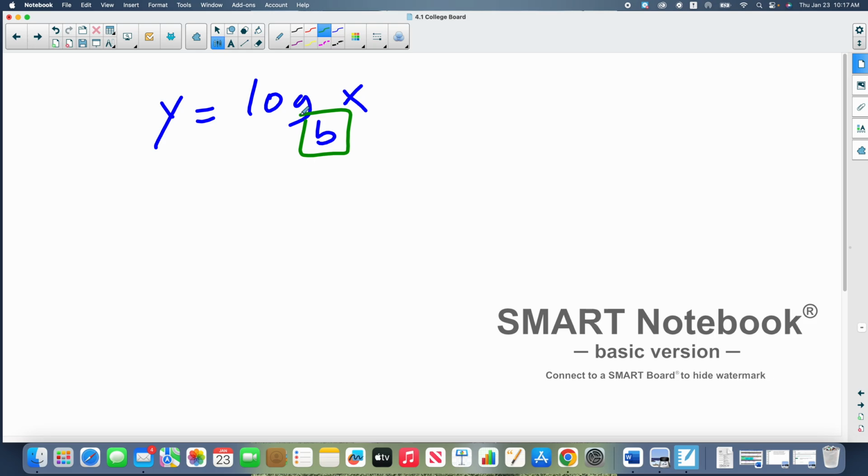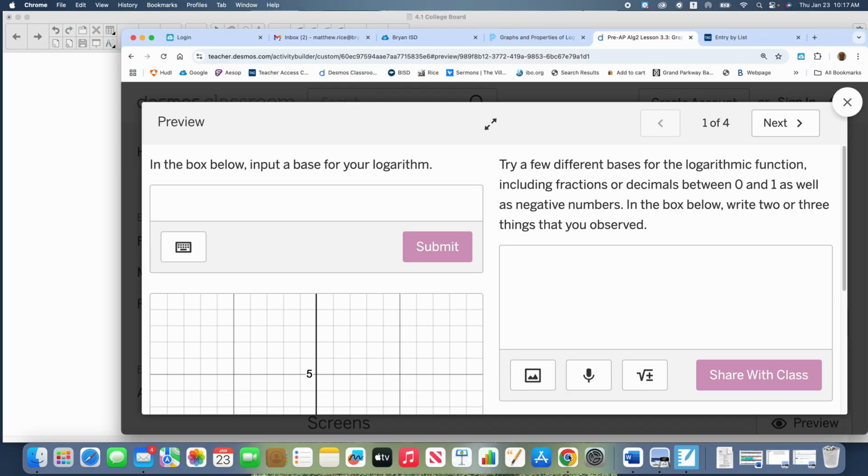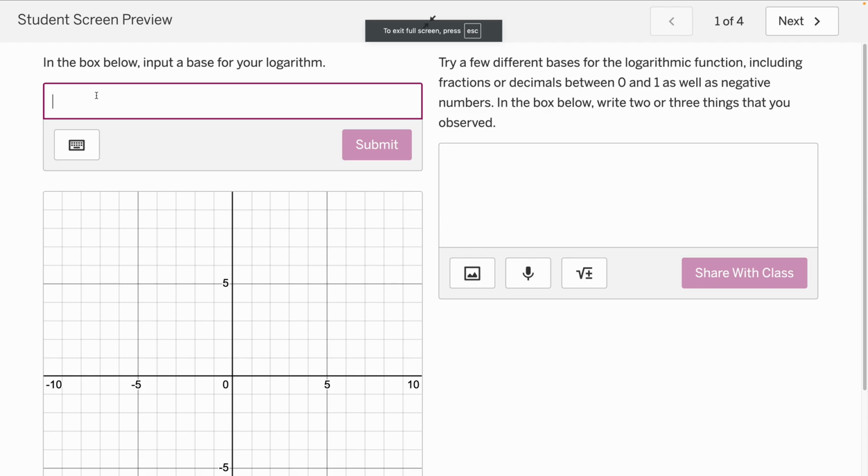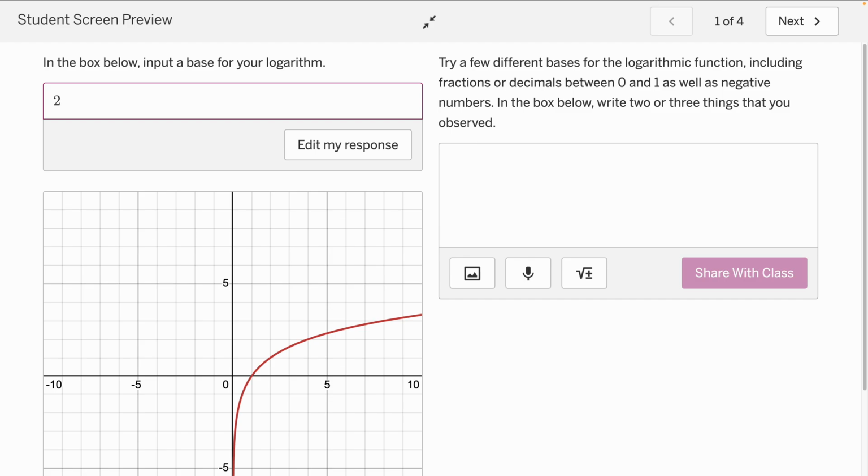Everybody kind of understand what we're doing? So if I were to go back over here, go back full screen, I'm going to get a chance to type in different values here. So I might type in a 2. We'll look and see what it looks like. I'm going to type in maybe a 4, maybe some fractions, some decimals, some zeros, some negative numbers. So it's your time to just take a look and see how the graph changes.